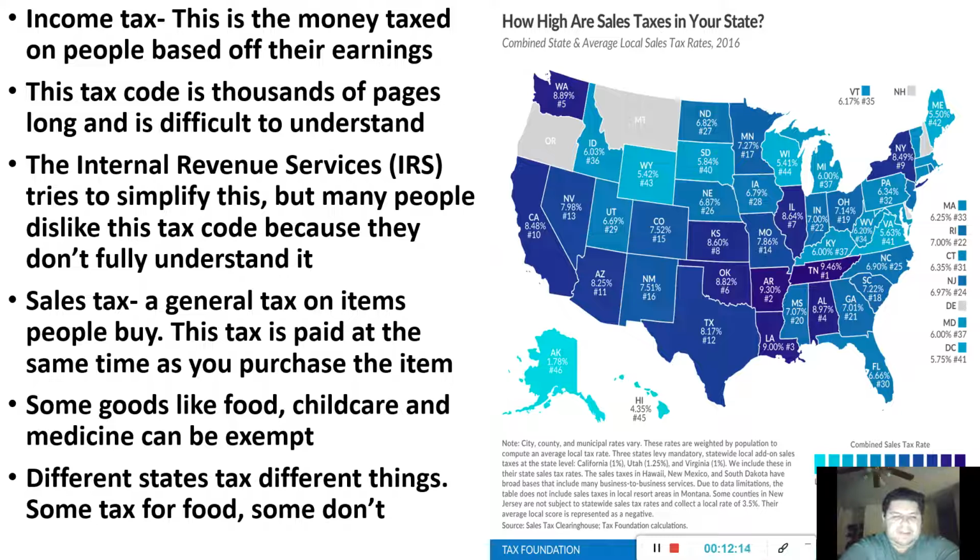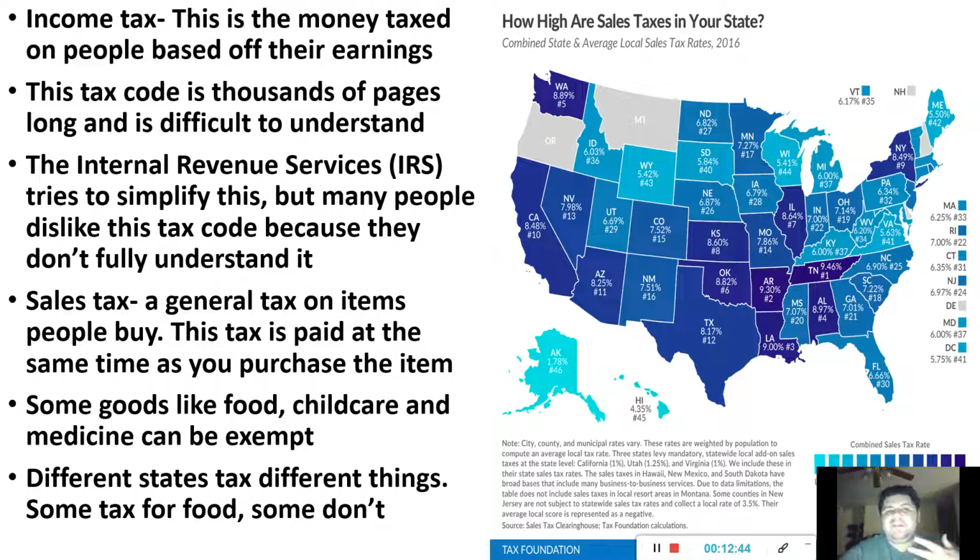This tax is paid at the time when you purchase it, so you really don't see them say, "Oh, here's a total, and this is the tax of it." You buy your items, and then they say the price is $32. The tax has already been added to it. So next time you buy something, check the receipt and look really quick. It'll say on there how much money you paid to the sales tax.